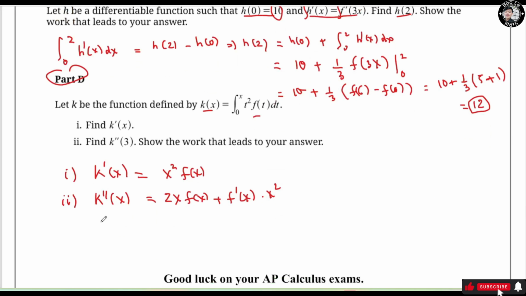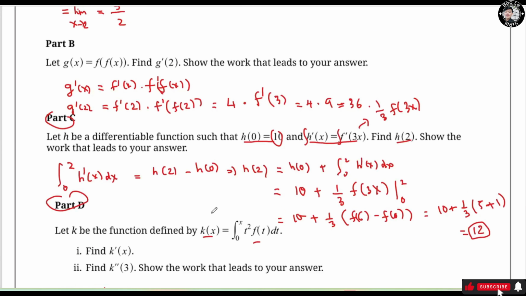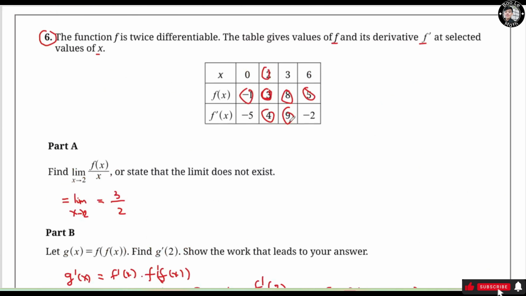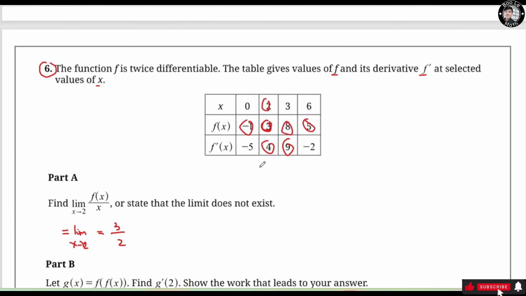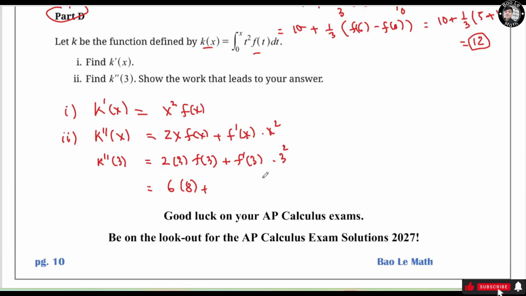So we substitute the values: k double prime of 3 equals 2 times 3 times f of 3, plus f prime of 3 times 3 squared. 2 times 3 equals 6. f of 3 is 8, plus f prime of 3 is going to be 9 times 9. So it could be 48 plus 81, and it's going to be 129.